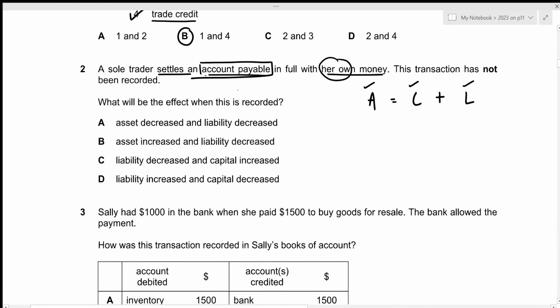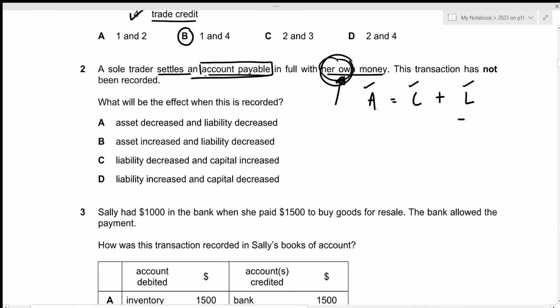So if we're settling account payable, it just means that we are now reducing our liability. So the liability is being reduced or decreased, and this is being done by her own money. Now, in order for this equation to be balanced, either the asset should increase or the capital should increase by the same amount, right? But in this case, we're talking about her own money. This is not any resource that has been utilized which already existed within the business.